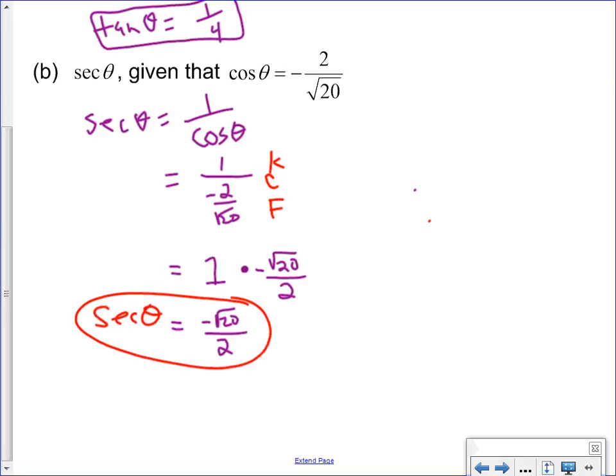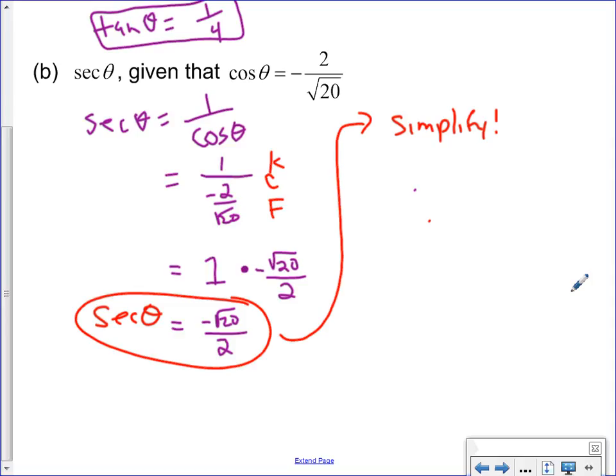Problem. The answer in the book will not say square root of 20 over 2. That's not a simplified answer. The square root of 20 is 2 root 5. Does anyone need to see how to do the square root of 20? Draw the tree.